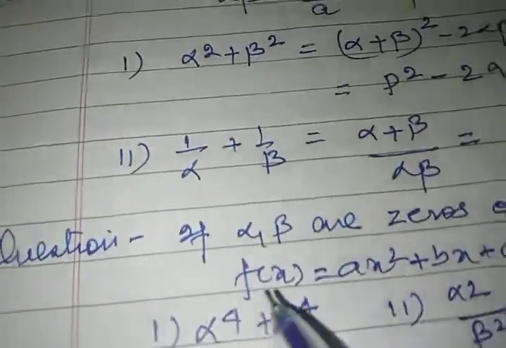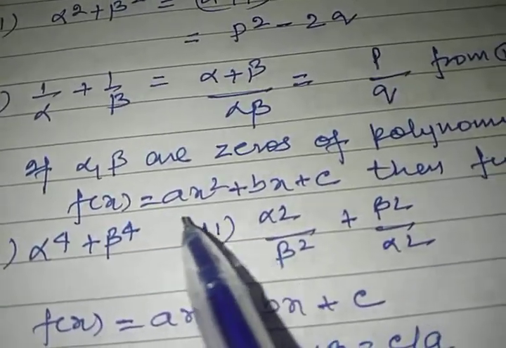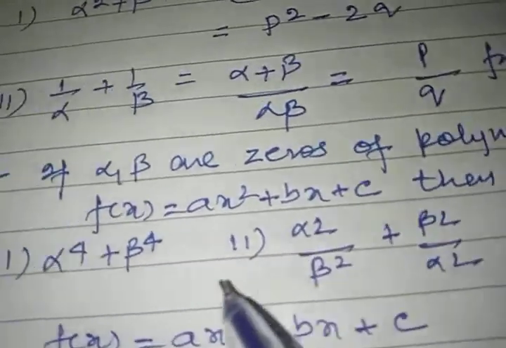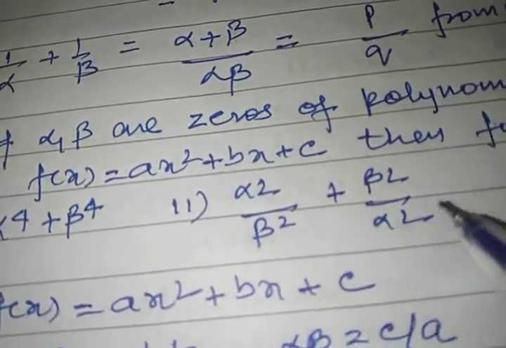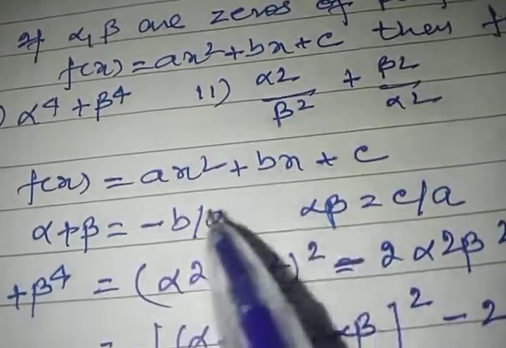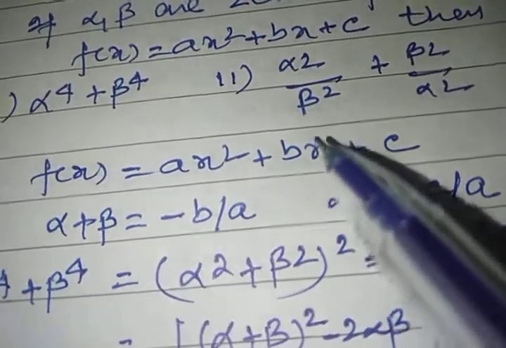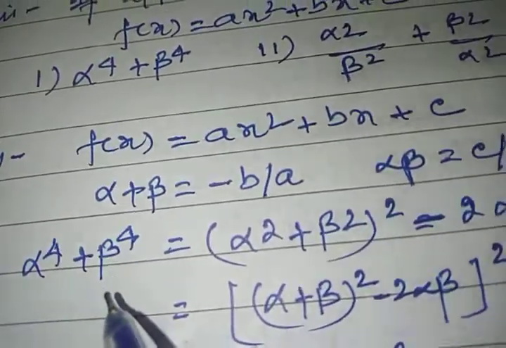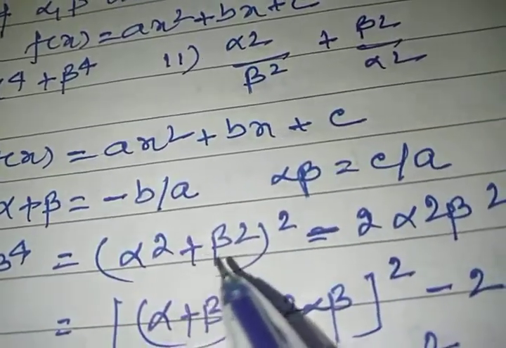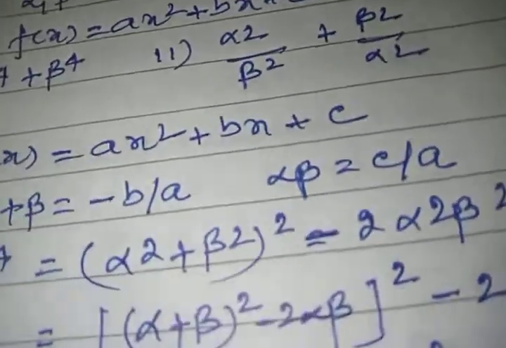Now next question: if alpha and beta are zeros of the polynomial f(x) equal to this, then find alpha to the 4 plus beta to the 4, and alpha square upon beta square plus beta square upon alpha square. f(x) is this. So alpha plus beta will be equal to minus b upon a, alpha beta is c upon a. Now alpha 4 plus beta 4 can be written as alpha square plus beta square whole square minus 2 alpha square beta square.